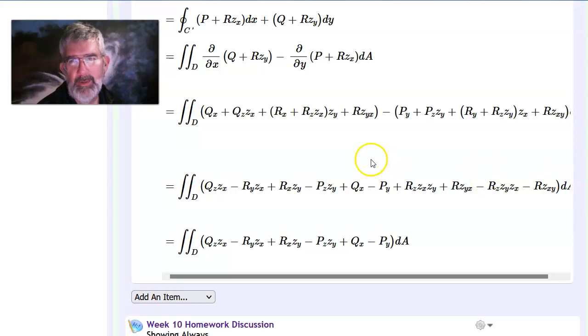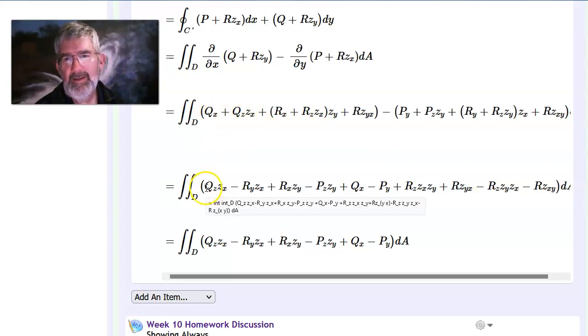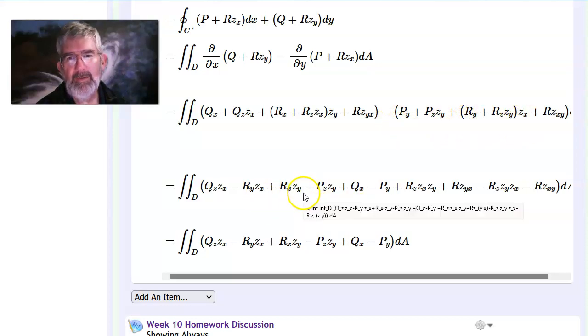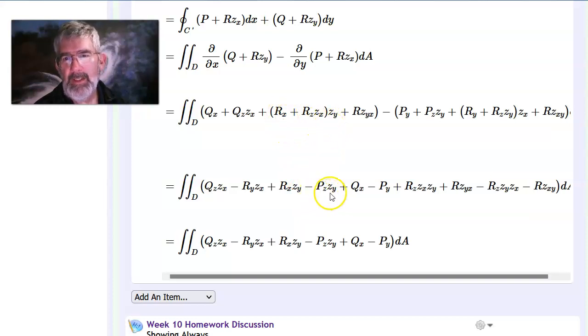I don't know if you can see me pointing. So the first term is here. The second thing here came from the minus z r, so the minus r y z x, that's this one, and the r x z y is r x z y, and the minus p z z y is the minus p z z y right there.